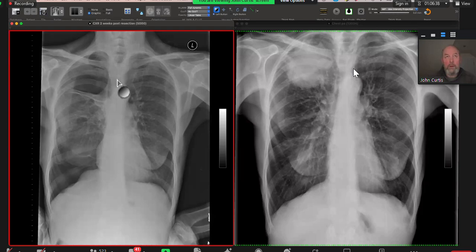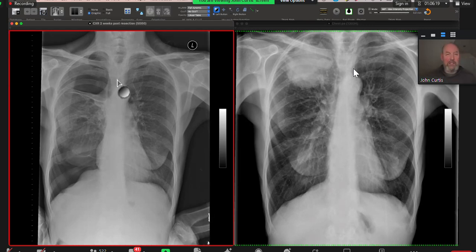They've had a right upper lobectomy, and now they've got a pneumothorax. So what's happened? Unless there's a bronchopleural fistula.